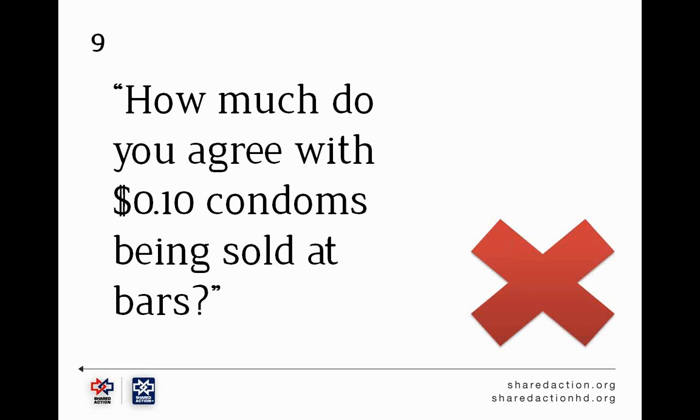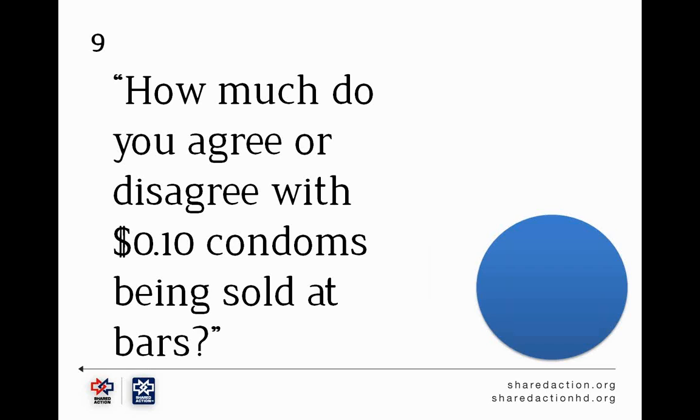Now, what this instantly causes your respondent to think is, well, I'm actually really against this, so I only agree with it a tiny bit. And they're going to say I agree with it a little bit. But that's not really what they think. They really think that they disagree with it. So you always want to say agree or disagree, the positive and the negative in your questions.